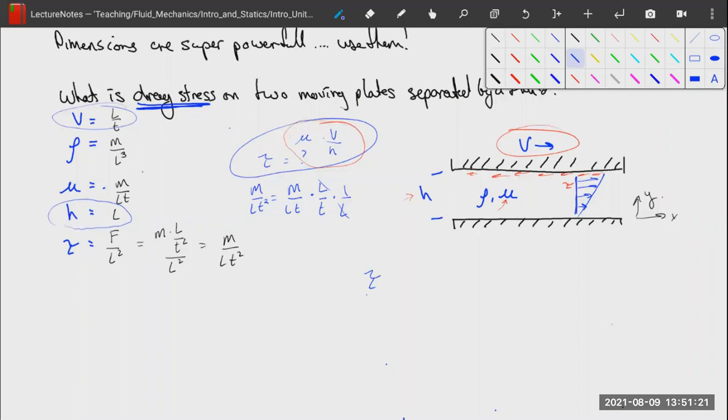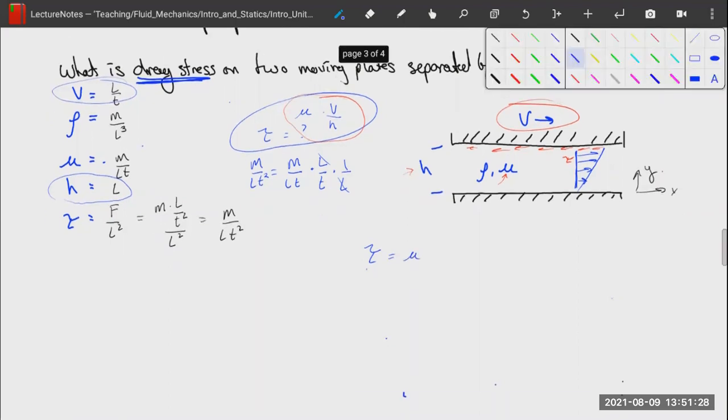But tau, if we're doing a two-dimensional problem like this, is equal to mu, our viscosity, our dynamic viscosity, times our du dy, where u is the x component of the velocity and y is the y direction, obviously.